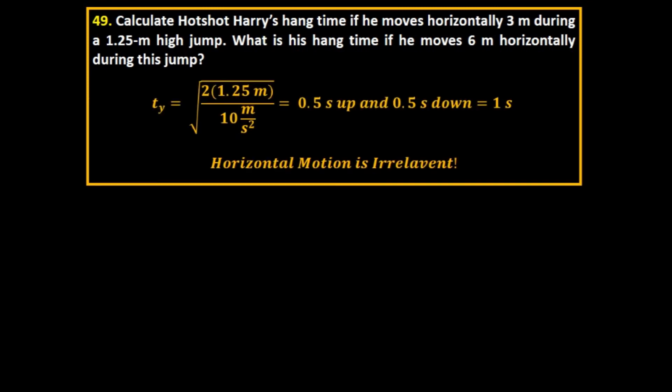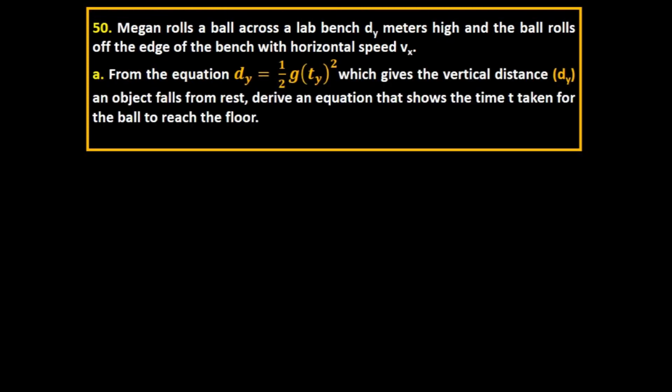Well, I'll tell you right now, the horizontal motion is utterly and absolutely, positively, 100%, without a doubt, irrelevant. So it's going to go 0.5 seconds up, 0.5 seconds down, and his hang time will be 1 second, which is approximately the world record for jumping vertically.